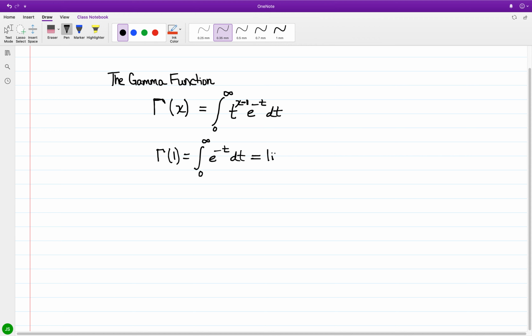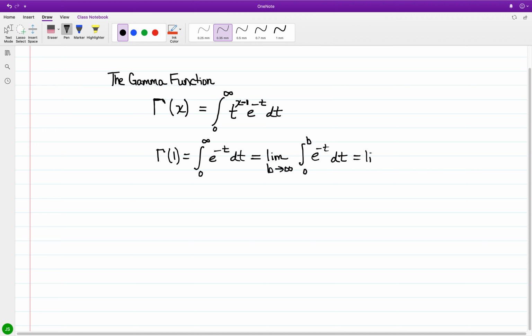Applying limits, we have the limit as b goes to infinity, and this time we have t going from 0 to b. Again, we have e to the negative t dt.